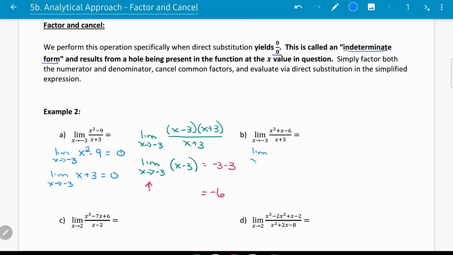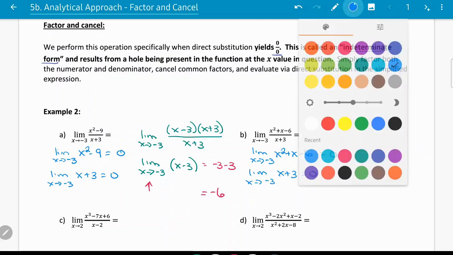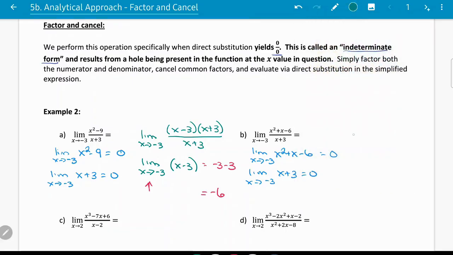So again, we have the limit as x approaches -3 of x squared plus x minus 6, and that's going to be -3 quantity squared, which is 9, minus 3 minus 6, which is 0, and the limit as x approaches -3 of x plus 3 is equal to 0. And so now I can begin factoring. So we have the limit as x approaches -3.